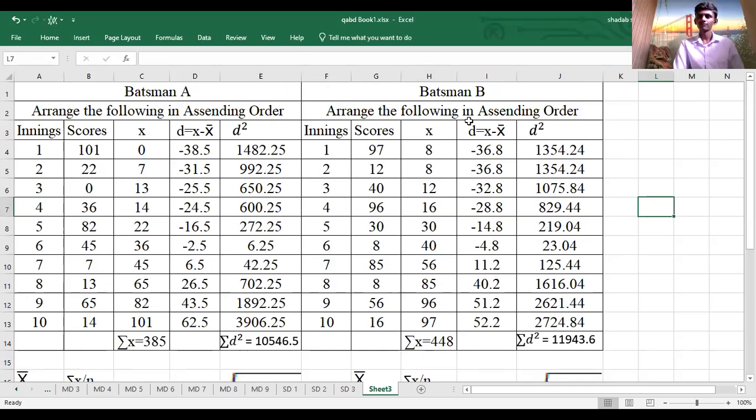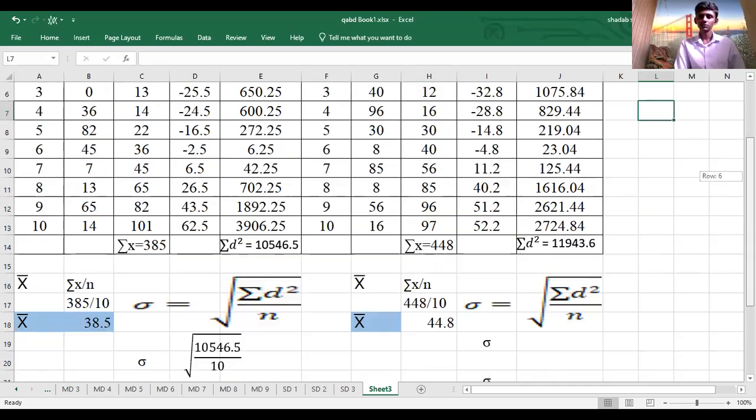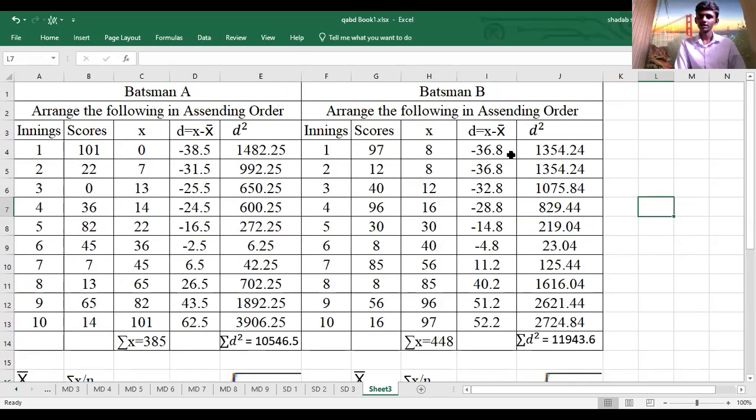Take that value, and from each x you have to subtract it. 8 minus 44.8 gives minus 36.8, and the same till the last, that is 97 minus 44.8, which gives 52.2 as your d. Take this d and square the value, that is d square.